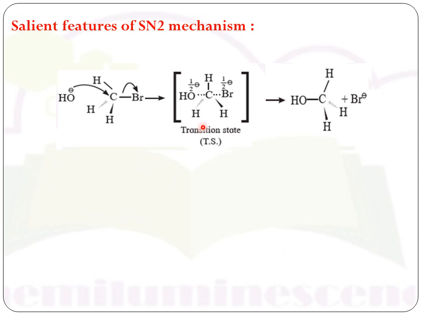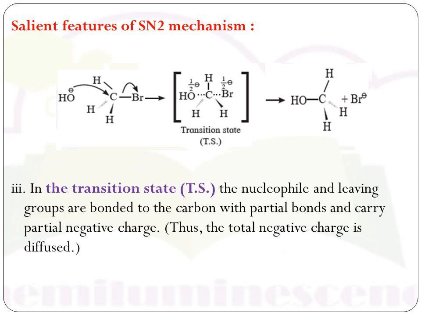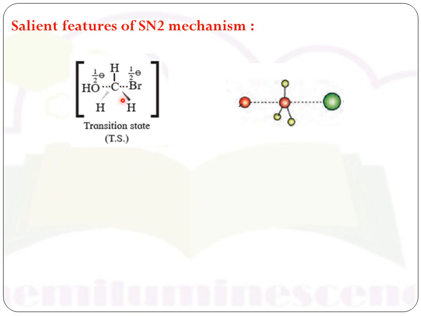Next, in the transition state, both leaving group and nucleophile are bonded to the central carbon atom by partial bonds and they share a partial negative charge, that is the total charge is diffuse. In the transition state, carbon is pentacoordinated having 3 sigma bonds lying in one plane making an angle of 120 degrees with each other, and the nucleophile and leaving group are perpendicular to the plane with a partial covalent bond opposite to each other.